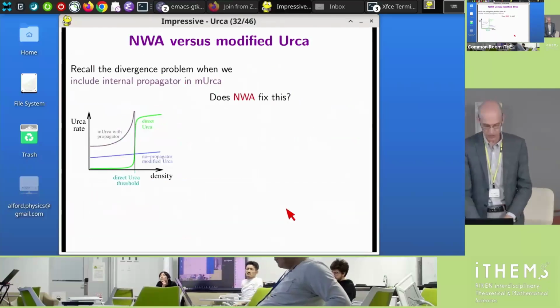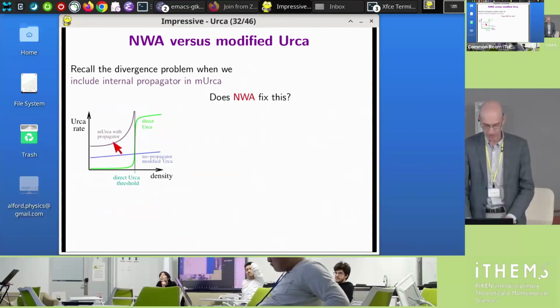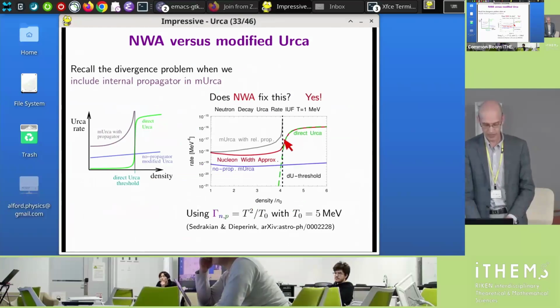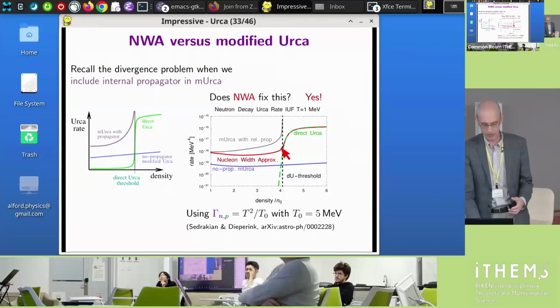Remember the reason we did this was we didn't like having a divergent rate when we put the propagator into modified Urca. This fixes it. The green dashed line here is direct Urca, which dies off at the direct Urca threshold. The red line, the nucleon width approximation, tracks direct Urca in the allowed region, but below threshold it starts capturing that collisional broadening, what people call the modified Urca contribution.